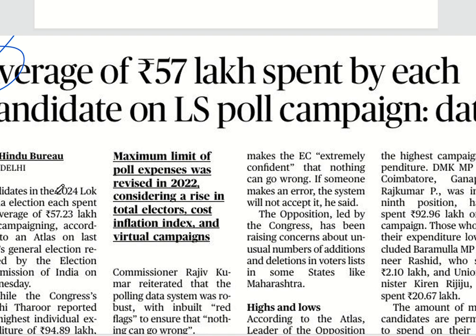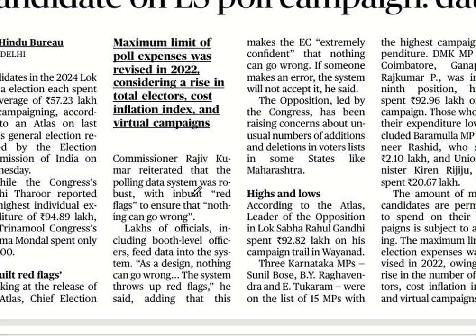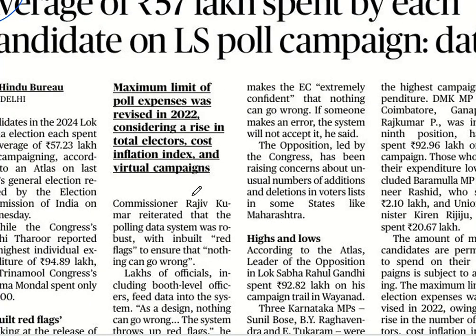You can check here the list of ministers as well as opposition party candidates, and how much money was spent by each.